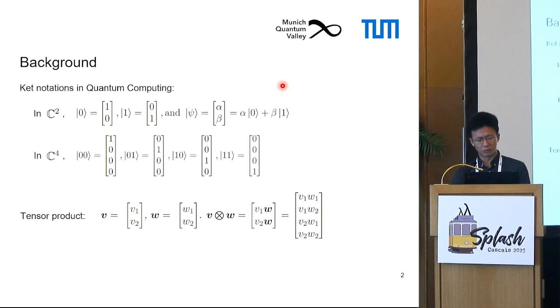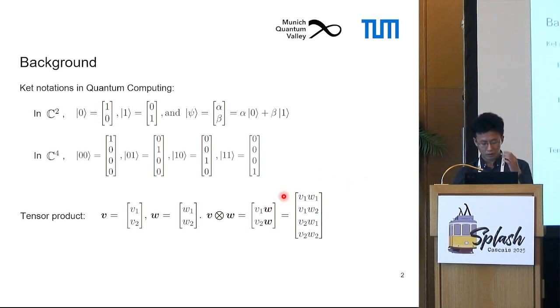Another common operation is the tensor product, or Kronecker product. If we have two vectors v and w, then the Kronecker product v tensor w is defined as follows: we first write out the vector v, each entry of v as it is, and then we attach vector w to each entry, and expand out the vector w.